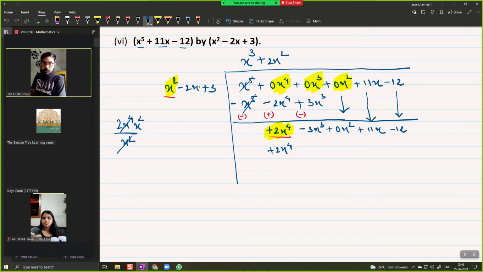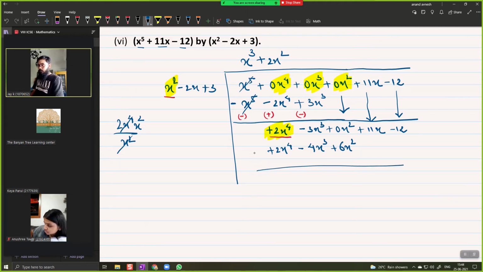Don't make mistake in sign, okay? Plus 2x multiplied by minus 2x will be minus 4x cube. Then you will multiply plus 2x square with minus 3, sorry, plus 3, it will be plus 6x square. Okay, so this will become minus sign, this will be minus, this will be plus, this will be minus.